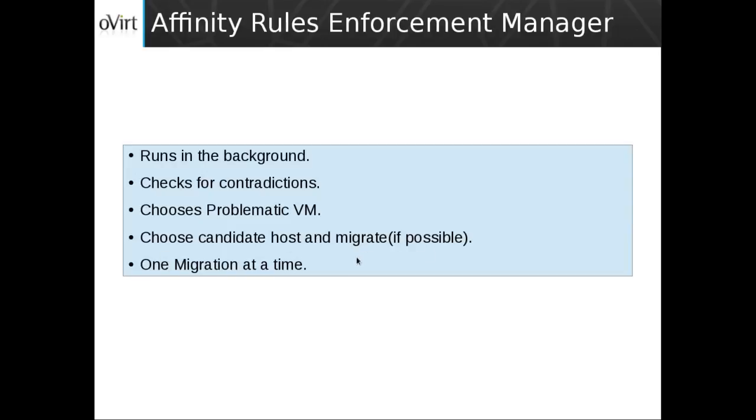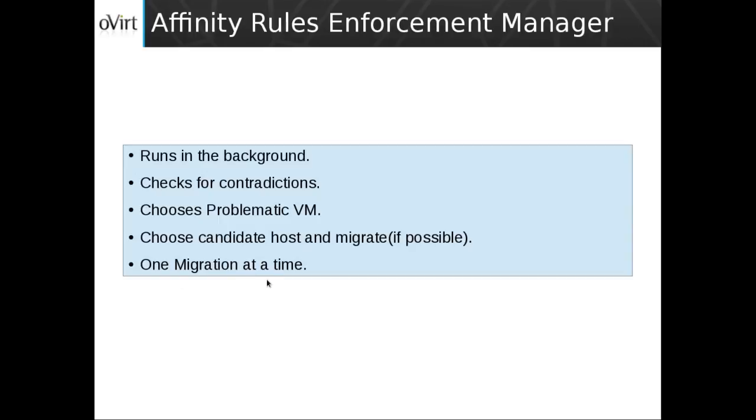The important thing to explain is that this is a manager that runs in the background, and it does one migration at a time. The reason is that we don't want to put too much load on the network. So we allow only one migration at a time.